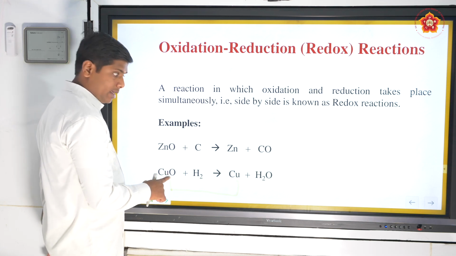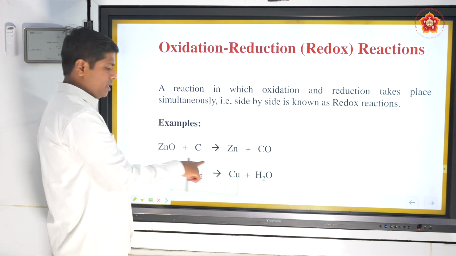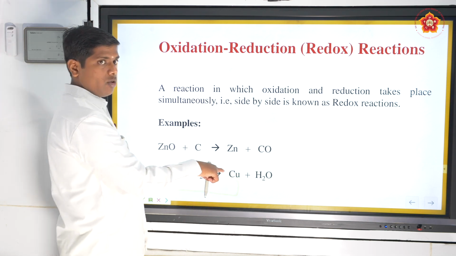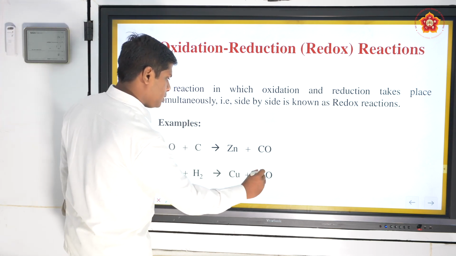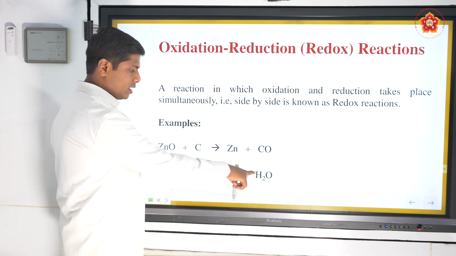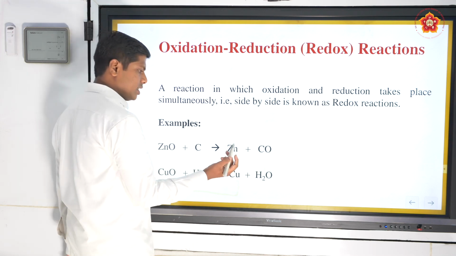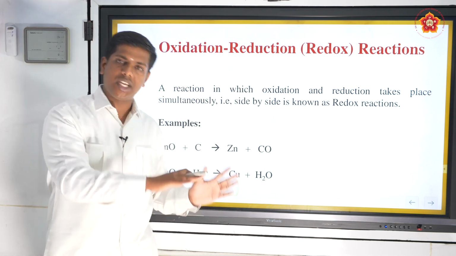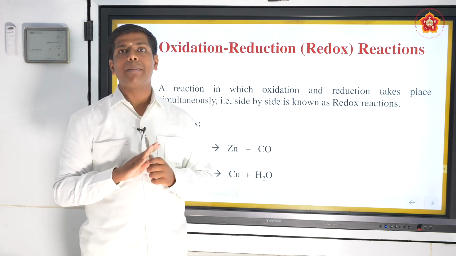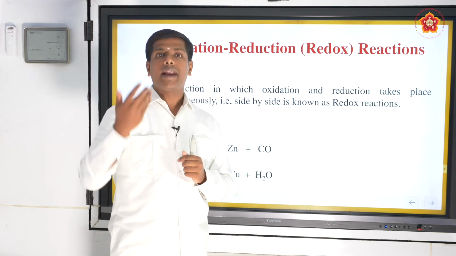Copper oxide is reduced to copper, means removal of oxygen, that is reduction. Hydrogen is added, oxygen is added, that is oxidation. A reaction in which both oxidation and reduction take place simultaneously is known as a redox reaction.